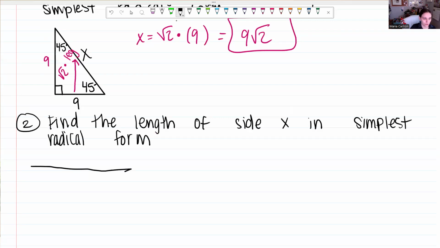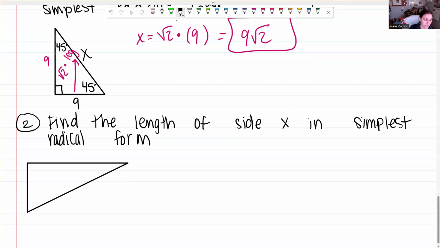And the triangle looks like so. This angle is 90, this angle is 60, and then we know that this is side x, and this short leg here is the square root of 6.